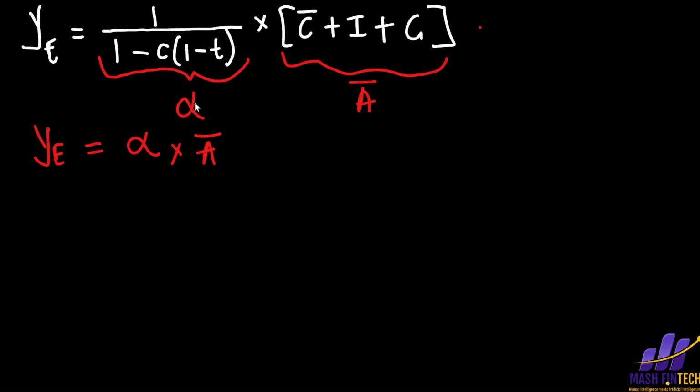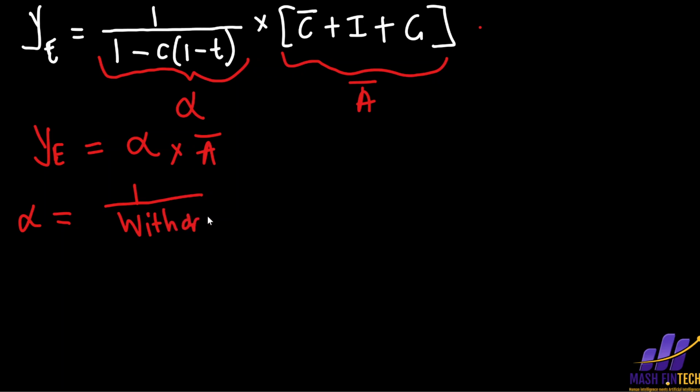All right. So one thing I want you to remember about the multiplier. It's one of those things that helped me when I was still learning these models. If I forgot this formula, because you can easily forget, you put a plus instead of a minus or something, I don't know what happens in the exam. But what you must remember is that for the multiplier alpha, it's always 1 over the withdrawals.